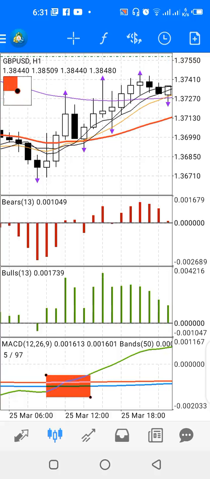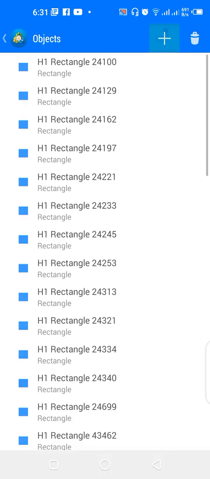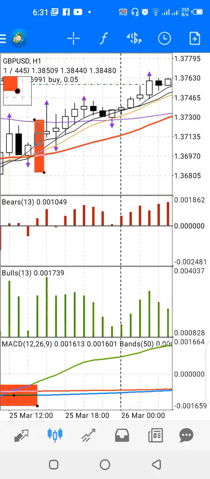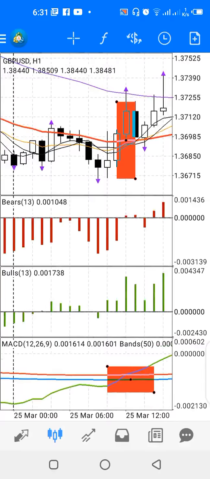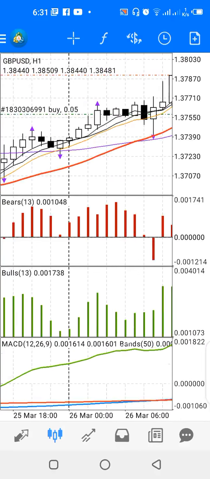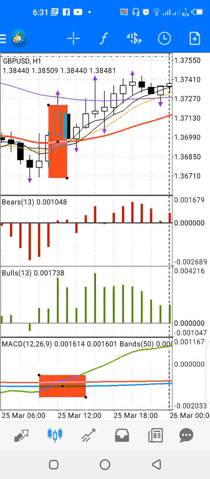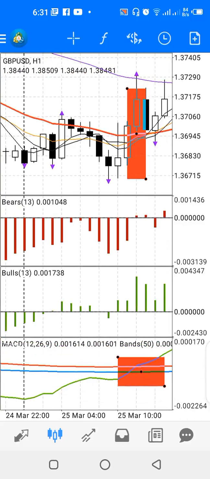Okay. And if you look at what's happening here on the main chart, okay, price starts to rise. All right. So that's basically how to use the indicators. Very, very simple.